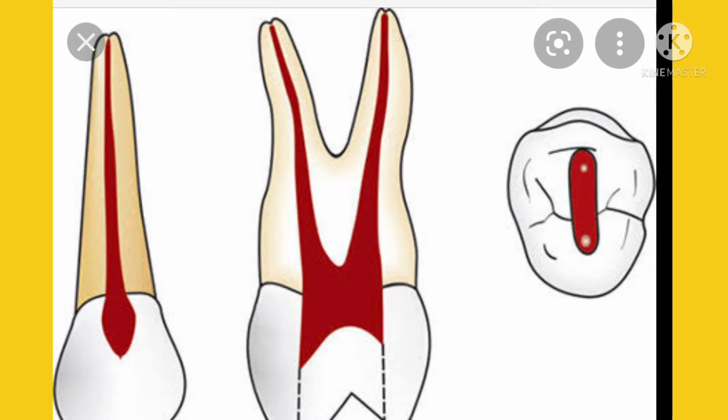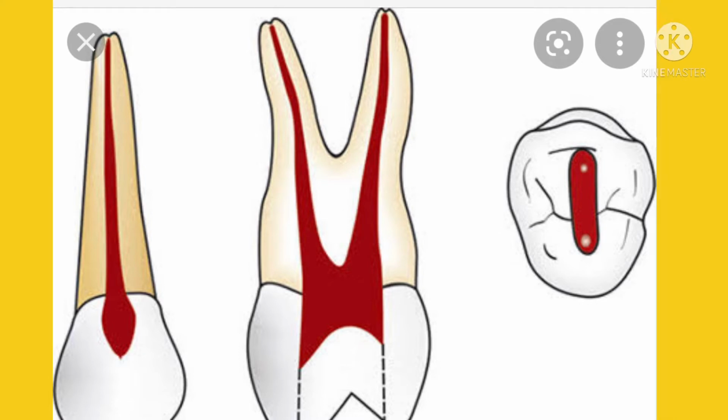Root and root canals. The maxillary first premolar has two roots in 54.6% of the cases. In 21.9% of the double-rooted cases, the roots are separated, whereas in 32.7% the roots are partially fused.